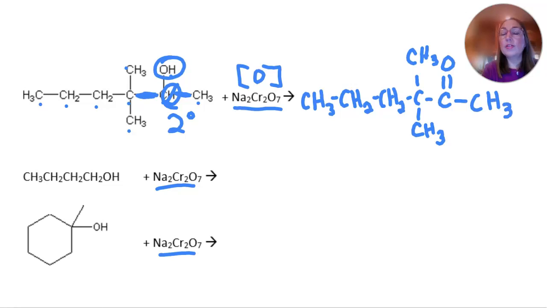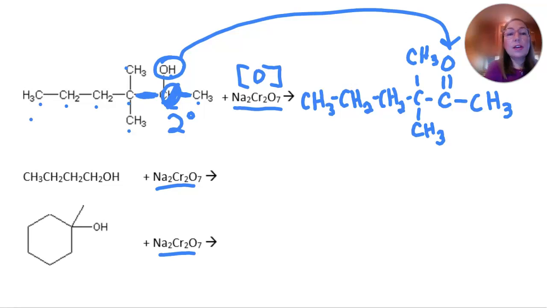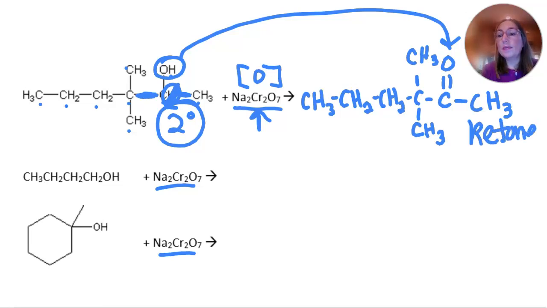Doesn't really lose the OH, rather. It becomes oxidized to its ketone. But it does lose that hydrogen. We wanted to lose this bond to hydrogen, and our OH becomes our ketone. Okay, so again, we've got our secondary alcohol, we've got our strong oxidizing agent, and we oxidize to a ketone.